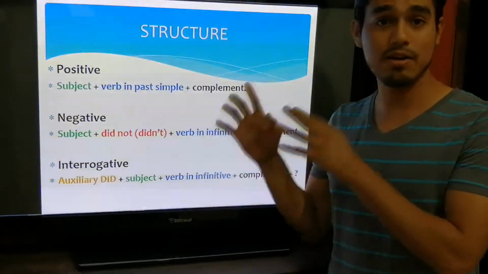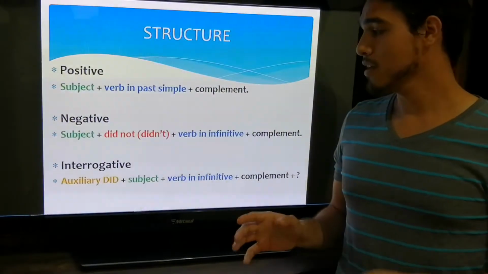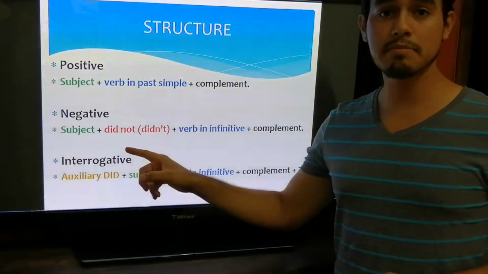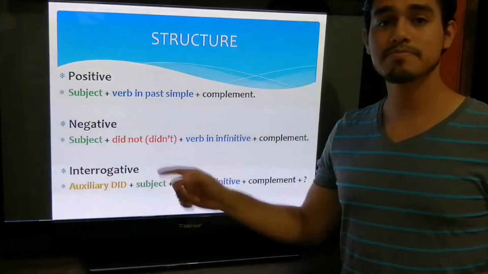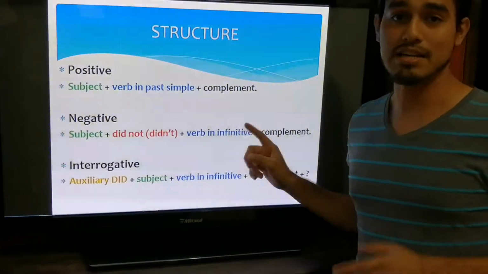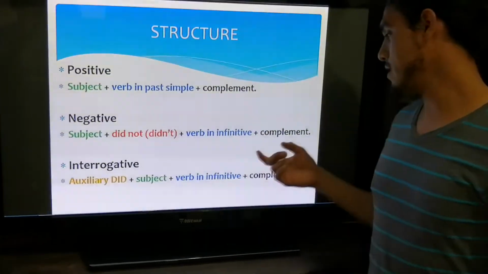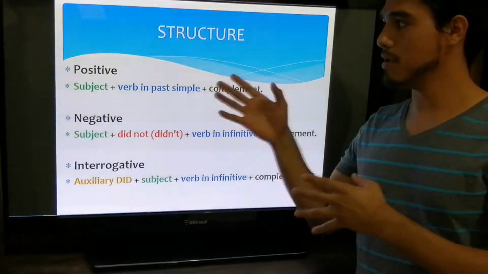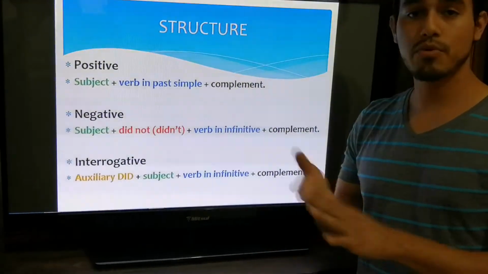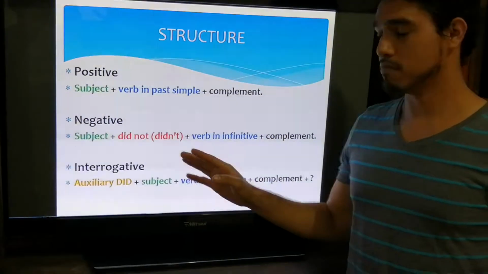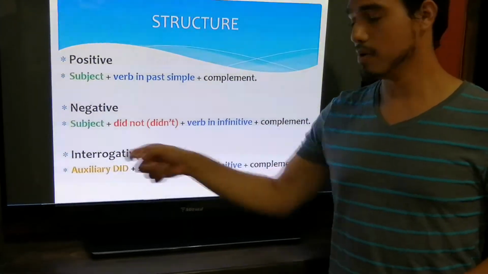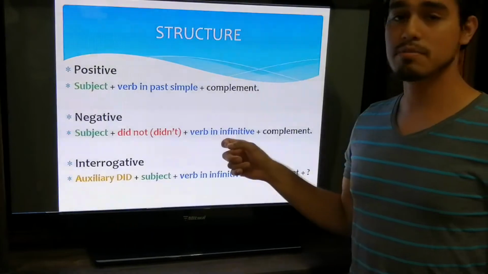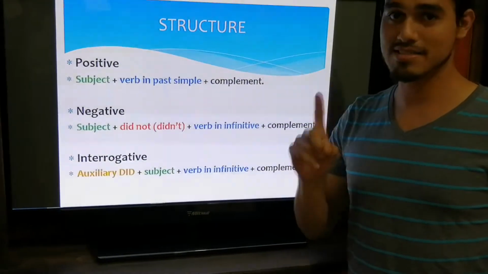If you do that, that will be incorrect. If you use your auxiliary did not, your verb has to be in infinitive. Okay? And then your complement. We're going to look at some examples after this so we can understand better. But remember, if you're using your auxiliary didn't, your verb has to be in infinitive. Okay? Not in past simple.